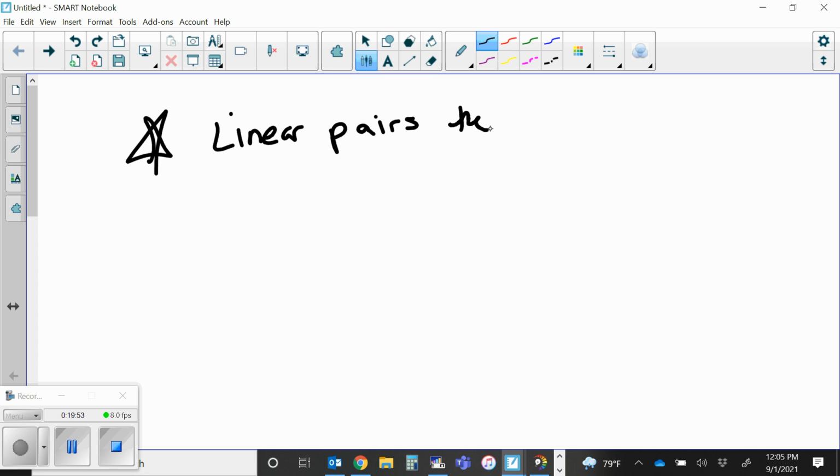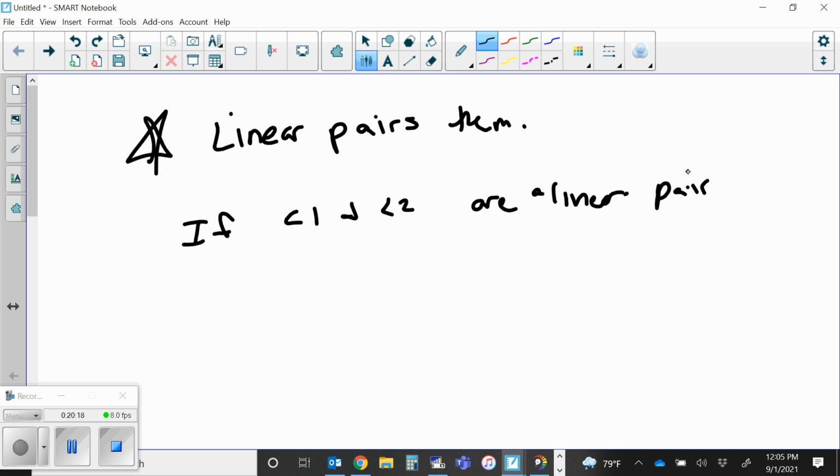So the linear pairs theorem says if angle 1 and angle 2 are a linear pair, then the measure of angle 1 plus the measure of angle 2 equals 180.